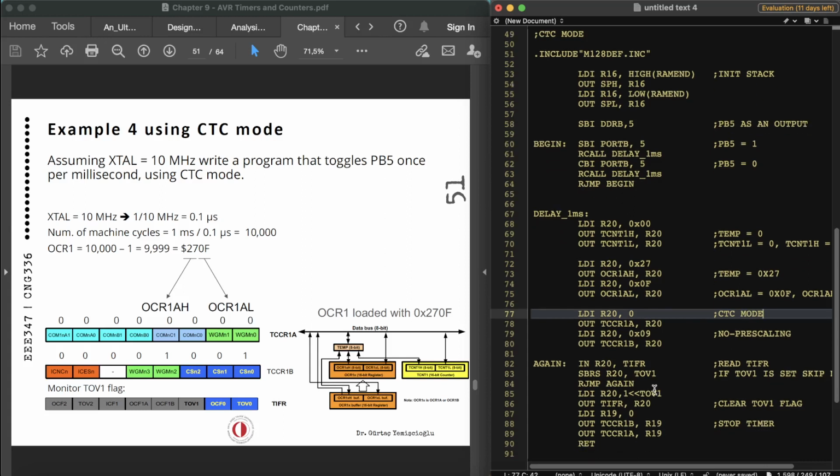And in TIFR, OCF1A will be monitored. So we have to modify those. Once it is set, then clear. So OCF1A has to be cleared.